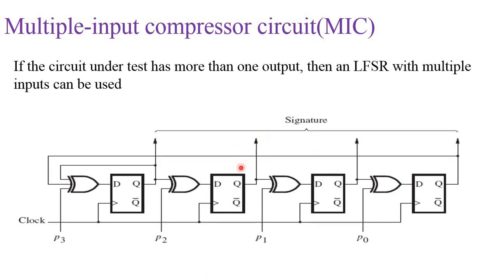In a pseudo random circuit, a large number of test patterns is generated, so to avoid that we use a single input compressor circuit, and where more than one input is available we get the multiple input compressor circuit.